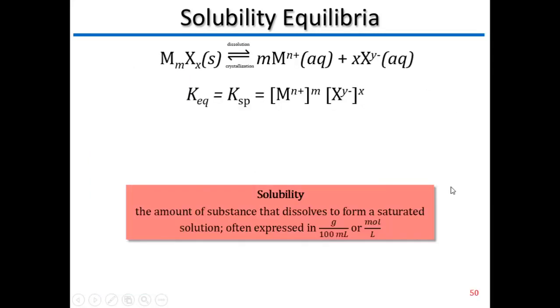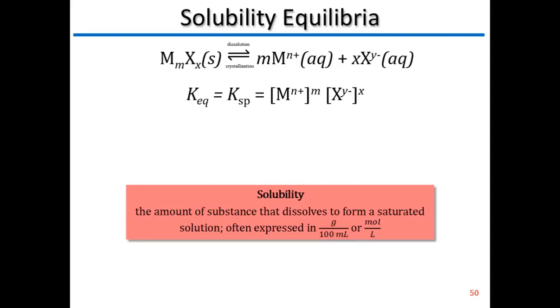Let's look at a formal definition for solubility. Solubility is the amount of substance that can be dissolved to form a saturated solution, and this is often expressed in grams per milliliter or moles per liter. We call this special type of equilibrium constant Ksp, in other words, the constant for solubility.